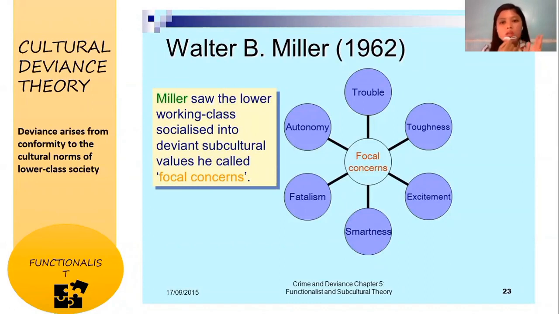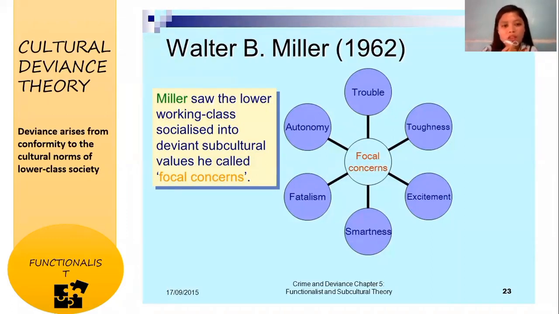So these subcultures refer to the people in the lower class setting their own values and norms that are totally different from what is the dominant culture of the society. These subcultures tend to deviate from what is established in our society or what is our culture in general.